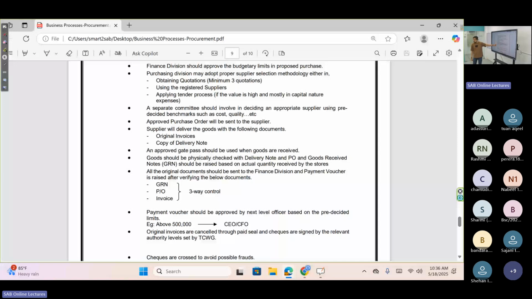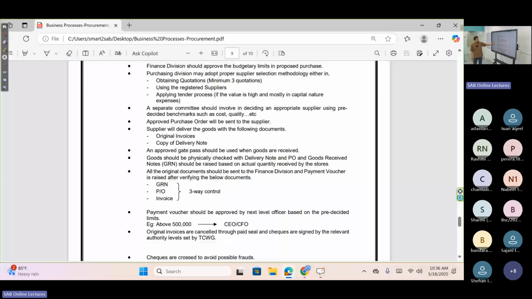GRN and PO must be checked. Physical goods must be checked. After checking the physical goods, whether ordered goods are received must be confirmed by the storekeeper, and GRN must be raised.